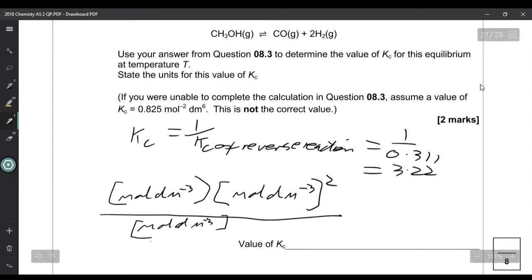Now this is going to cancel out with that one, so we're left with a mole per dm cubed squared. So if we square out the brackets, that becomes mole squared dm to the minus 6.